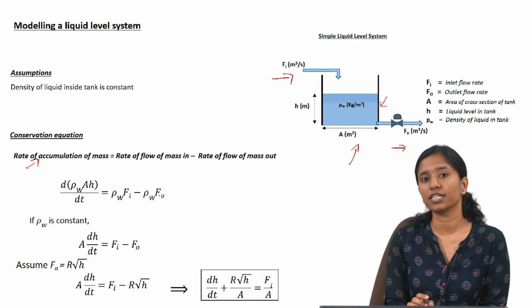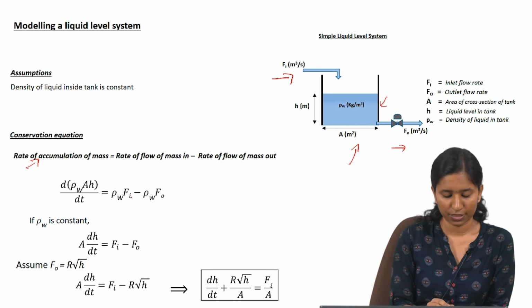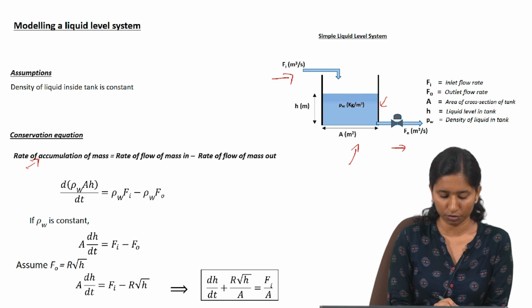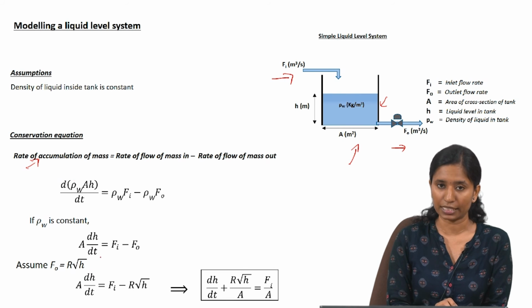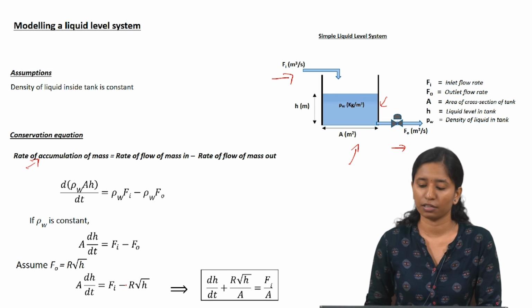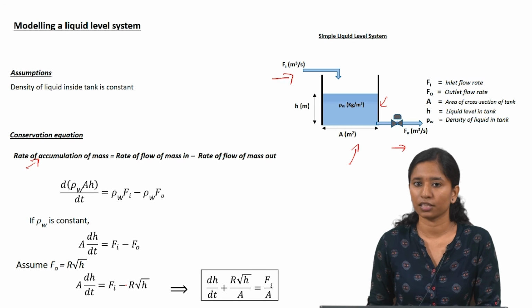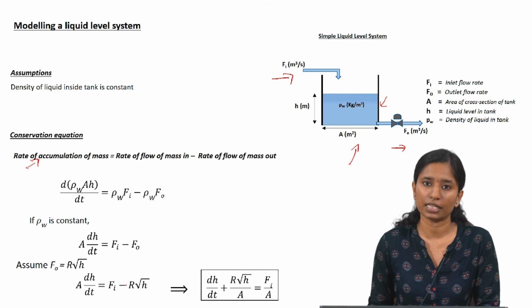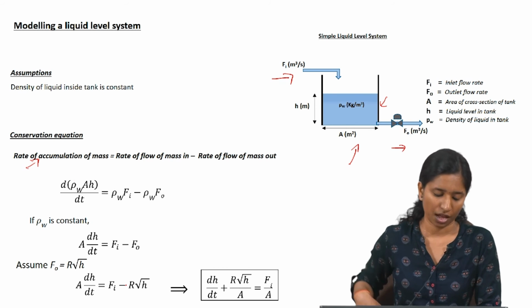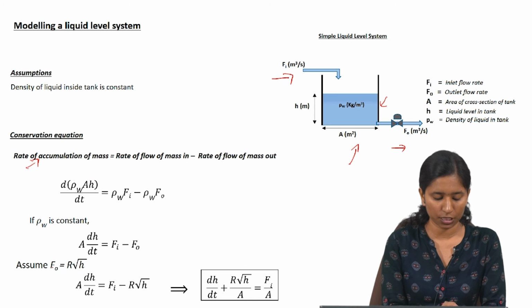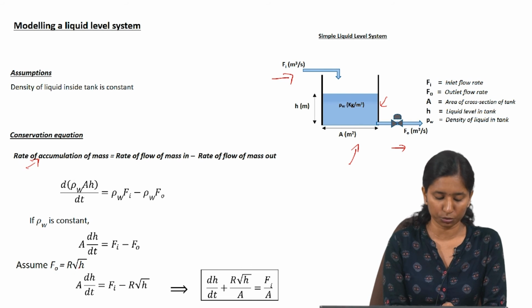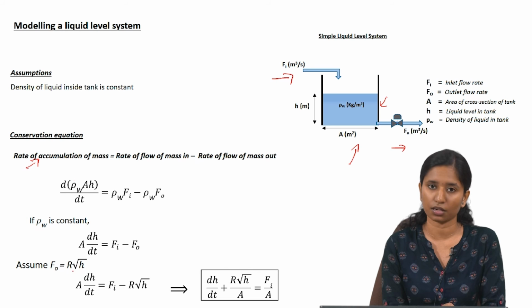Since we have considered density is constant, this expression gets simplified to the following form, that is A dh by dt is equal to Fi minus F naught. Now, we can assume that the flow is turbulent, and since the control valve is the resistance placed at the outlet of the tank, the outflow from the tank is a nonlinear function of the hold up or liquid level within the system, and it can be assumed as F0 is equal to R root h, where R is the resistance, a constant.